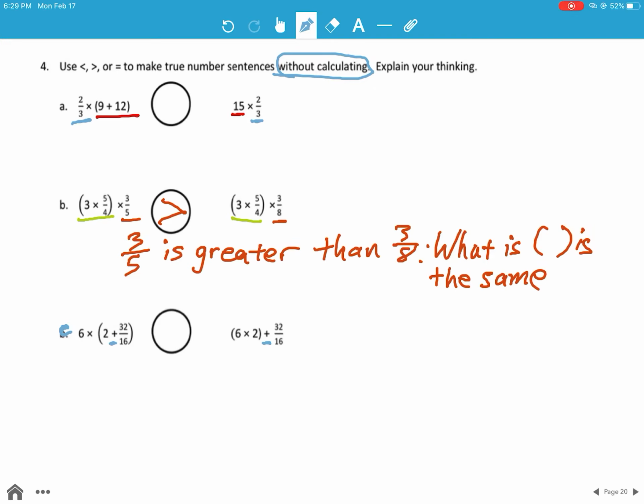Oh no, sorry. That's 6 times 2 plus 2, so that's 12 plus 2 is 14. So I just gave it away again. All right. You're going to have to explain it though.